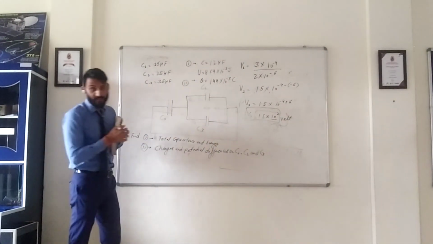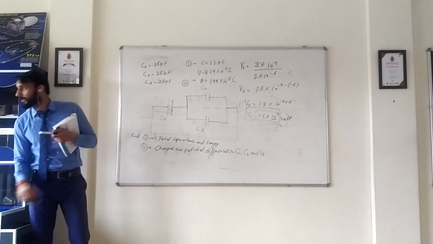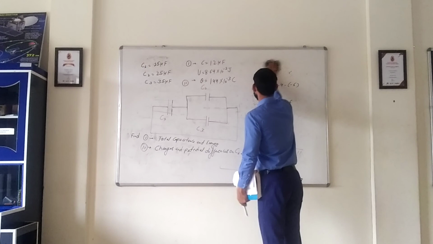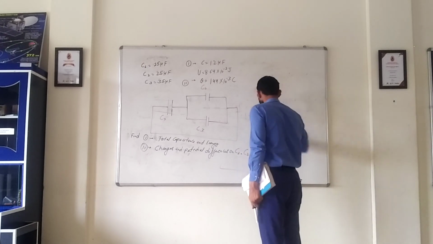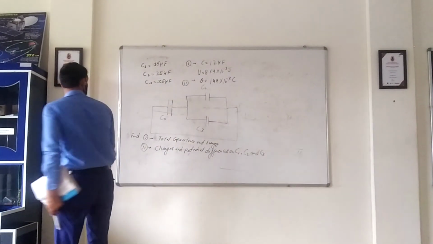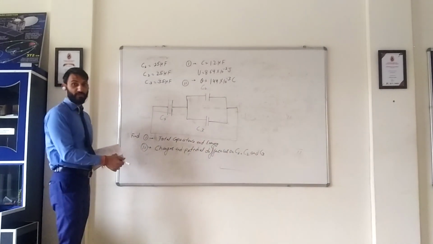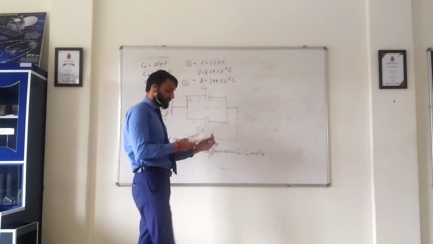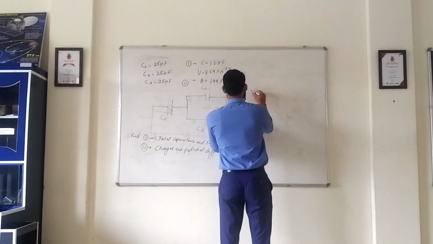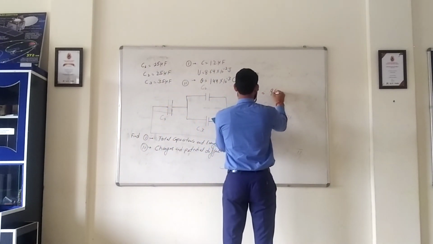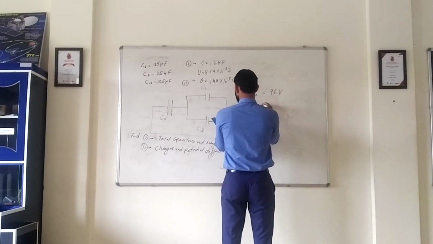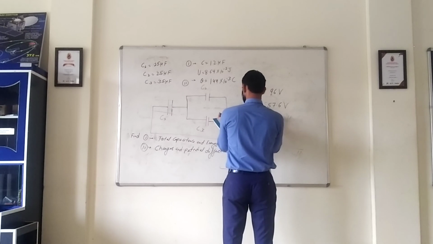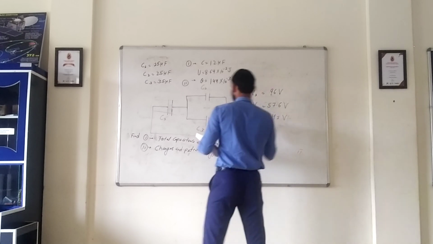This will be the total charge, Q is equal to 1.44 into 10 to the power minus 3. And the value of the potentials: V1 will be equal to 96 volt, V2 will be 57.6 volt, and V3 will be 41 volt.